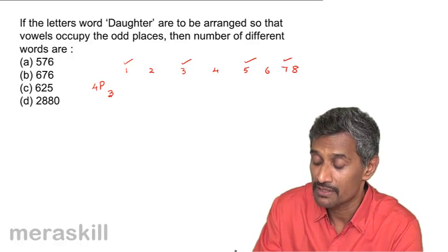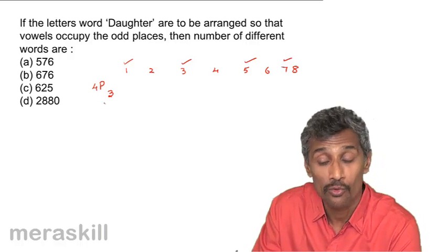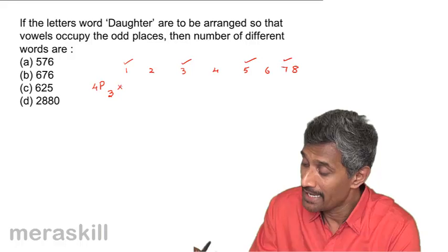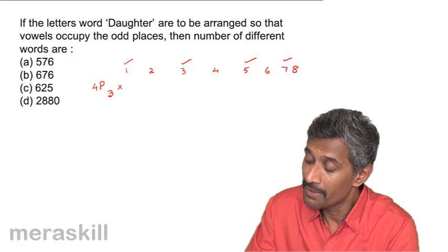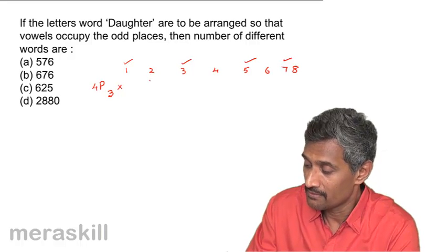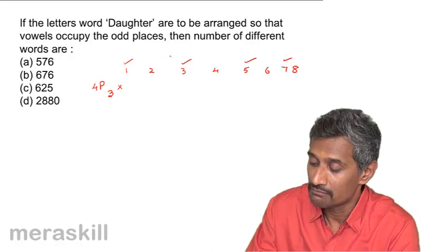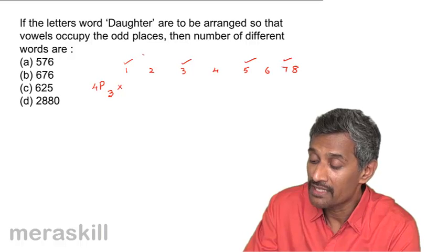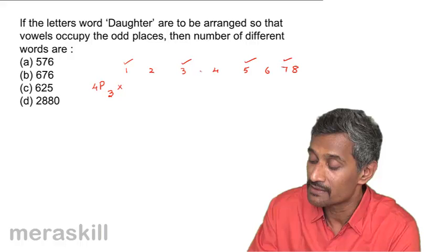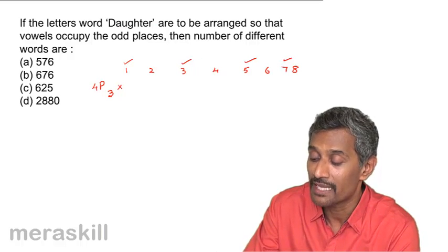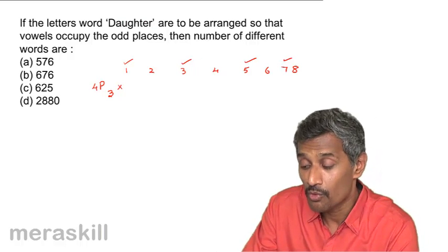So the 3 vowels can occupy 4 places in 4P3 ways, and the remaining letters are going to be D, G, H, T, R. So once these vowels occupy 3 places, out of the 8 places there are 5 more places left.